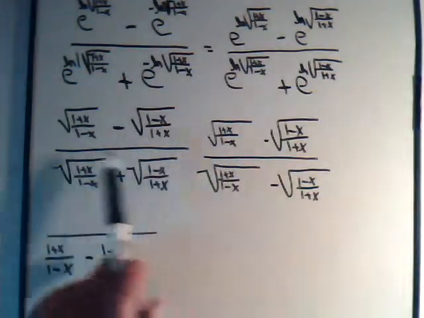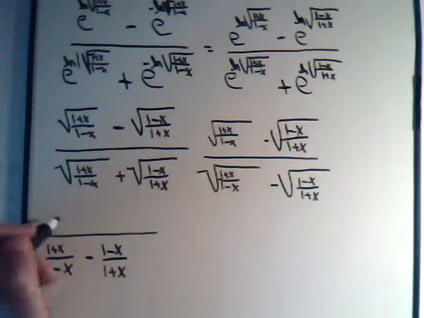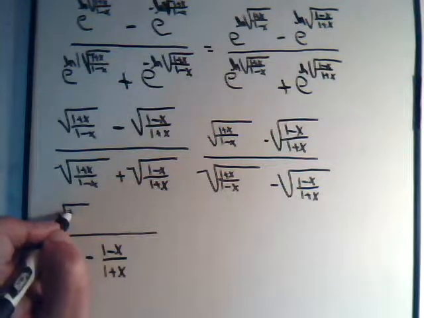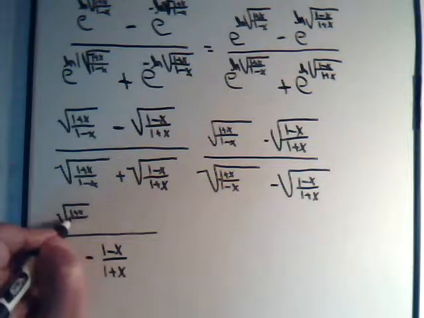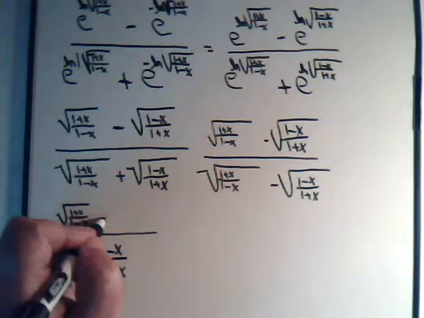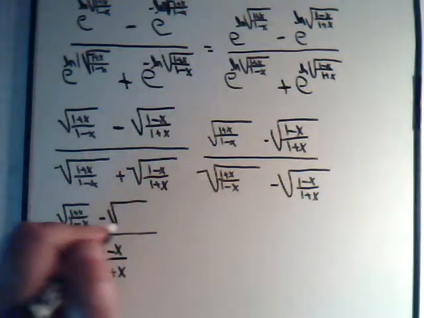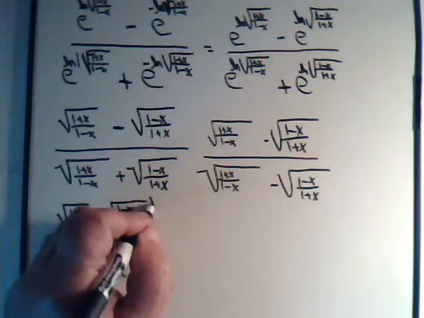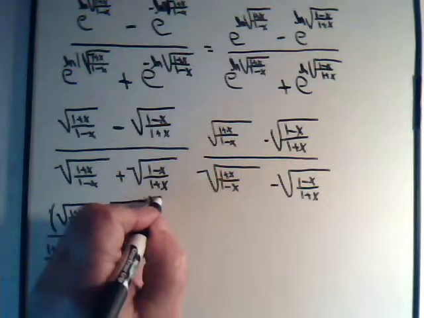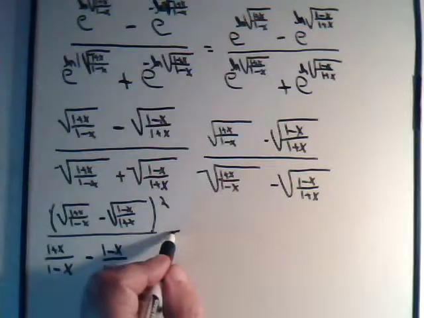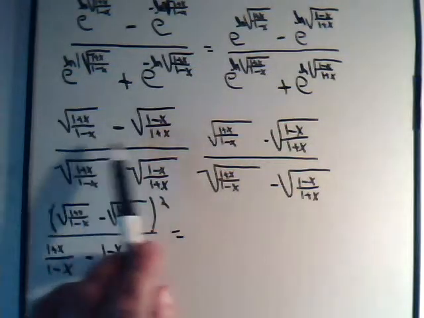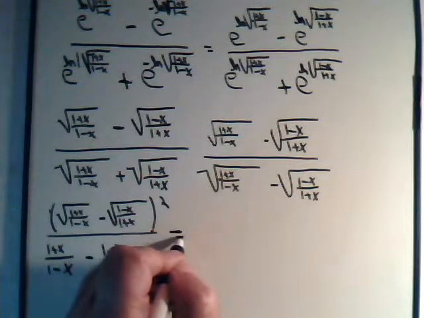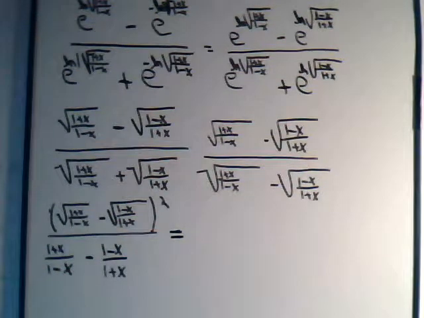And the numerator will be, let's just leave it like that for now, the square root of 1 plus x over 1 minus x minus the square root of 1 minus x over 1 plus x, quantity squared. This times this is the same in each case, so we have this squared. Let's just work with the denominator.